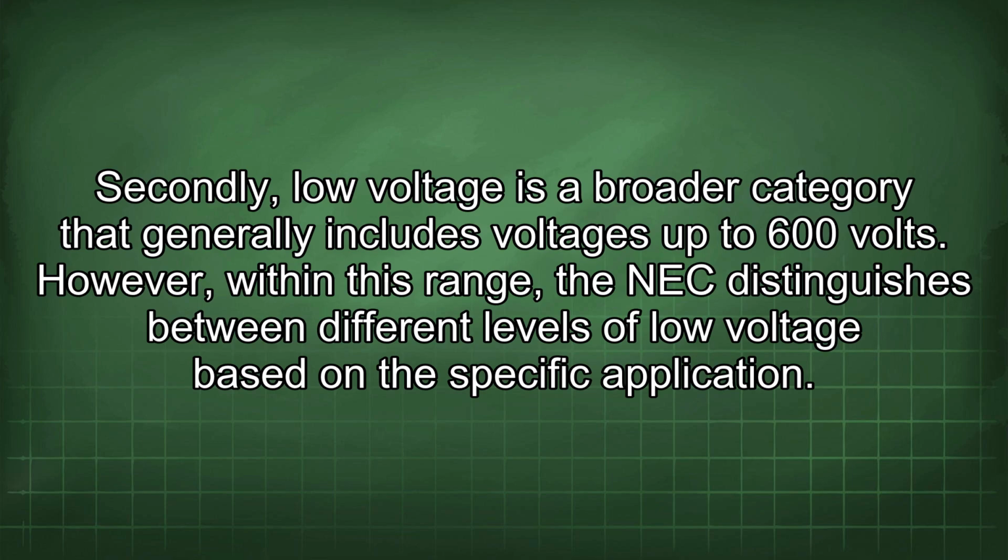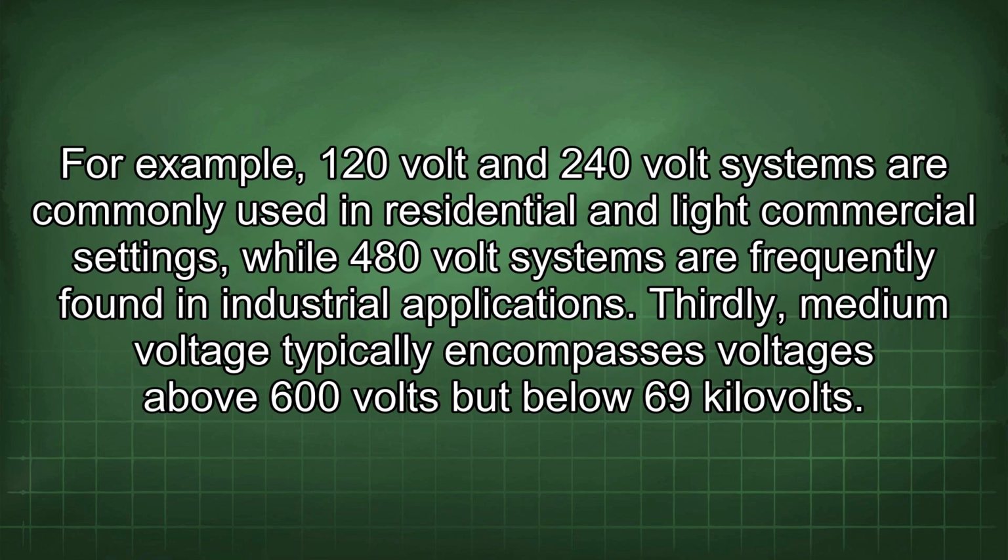However, within this range, the NEC distinguishes between different levels of low voltage based on the specific application. For example, 120 volt and 240 volt systems are commonly used in residential and light commercial settings, while 480 volt systems are frequently found in industrial applications.